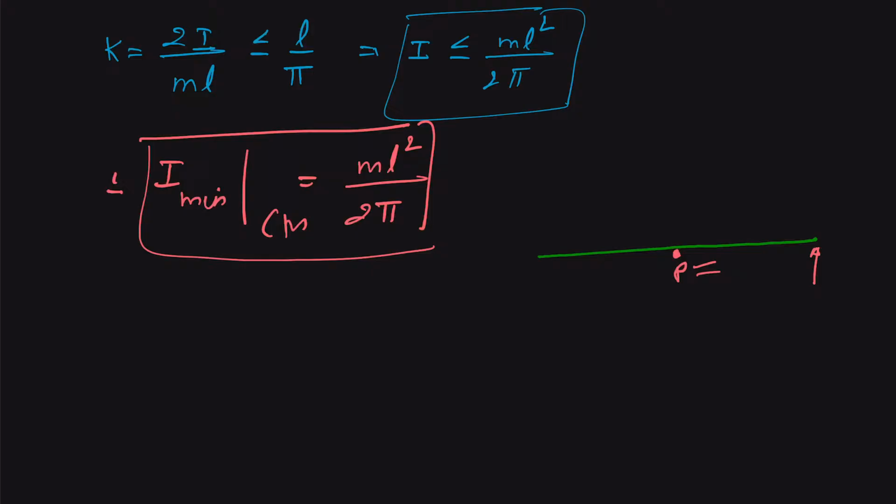So that is our moment of inertia, which we were supposed to find out, a minimum value of moment of inertia about the center of mass. And this point P, or this pole, we have assumed is also our origin, and we also have assumed our center of mass. So total length was given to us as L. So our left side will be minus L by 2 and the right side will be plus L by 2.